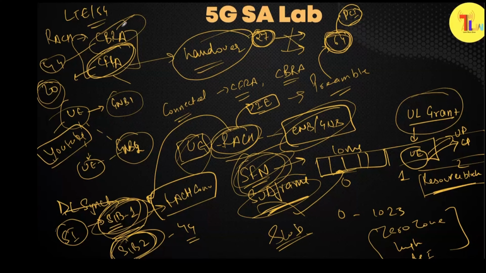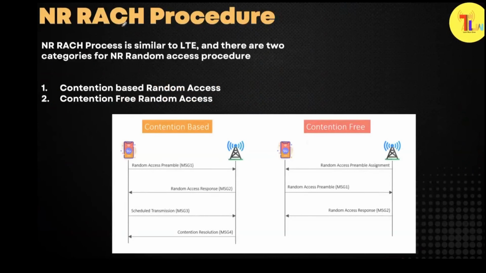Now, you can see this is the flow, and this is what I was explaining, contention based random access and contention free. Here you can see this is my gNodeB, this is my UE. In contention free random access, preamble assignment is done. After that, my message one, random access preamble, is sent. That is your PRACH, physical random access channel.